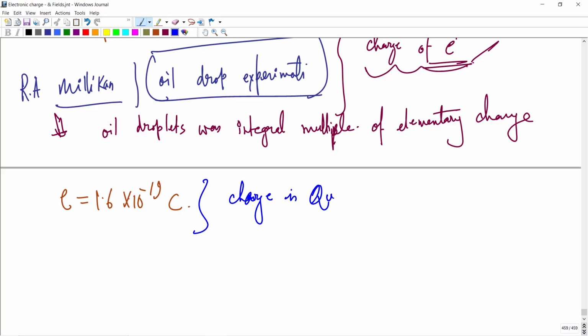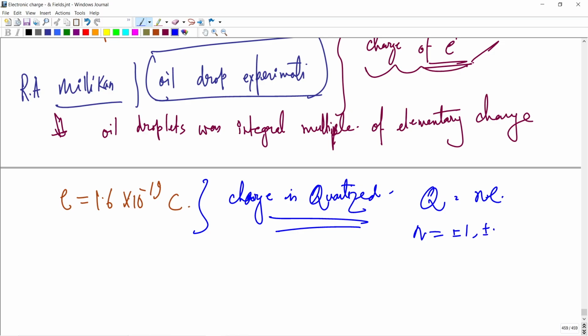That is, Q equal to n e, where n equals plus minus 1, plus minus 2, etc., and e is the charge of an electron, the elementary charge, 1.6 into 10 to the minus 19 coulomb. Okay, clear?